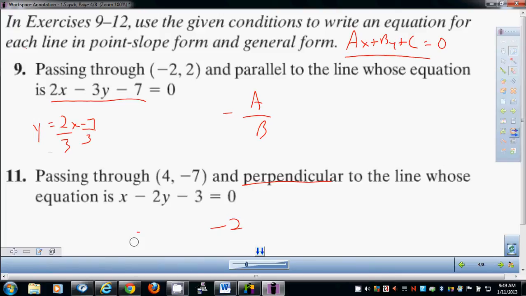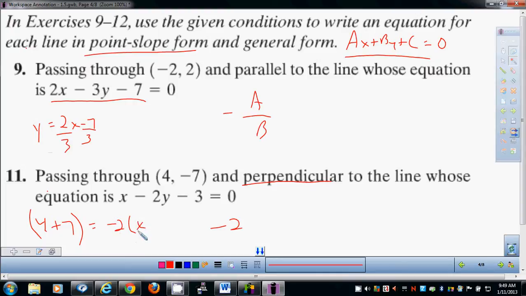Now, from there, you're just going to do point slope form. Y minus -7. I don't know why I just chose to do number 11. Equals the slope times x minus its x-coordinate. There is your point slope form. For standard form, just put everything on one side.